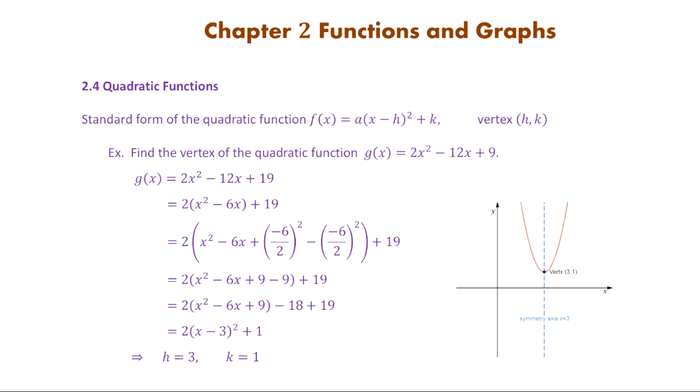So if we compare the standard form of the quadratic function with the example we have in here, then you'll find h equals 3 and k equals 1, isn't it? So the vertex of this parabola is actually at 3, 1, as shown in the graph.